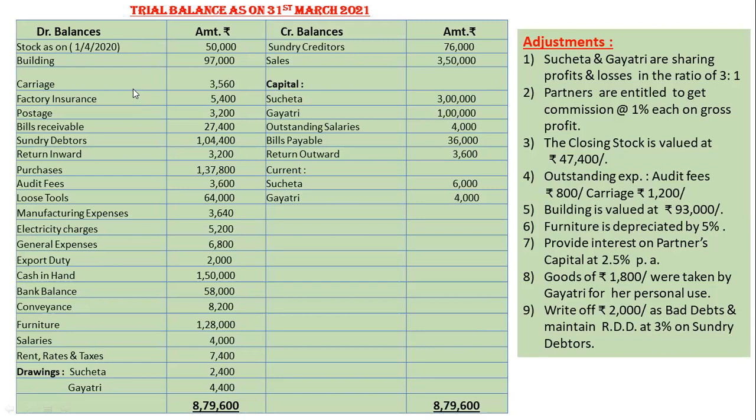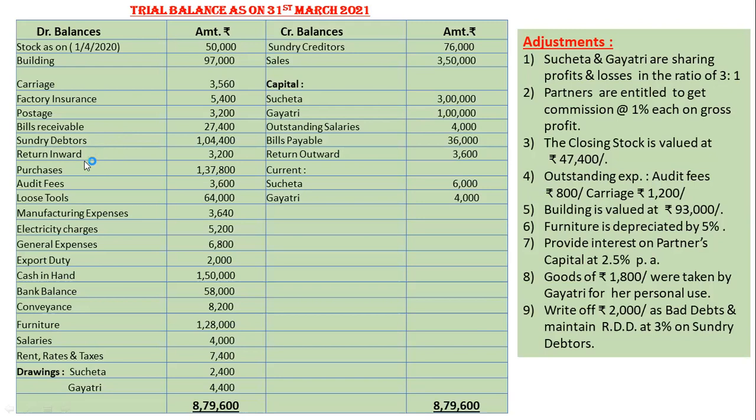Again, let's go to the item of carriage, trading account, debit side. Factory insurance, trading account, debit side. Postage, profit and loss account, debit side. Bills receivable, balance sheet, asset side item. Debtors, balance sheet, asset side item.